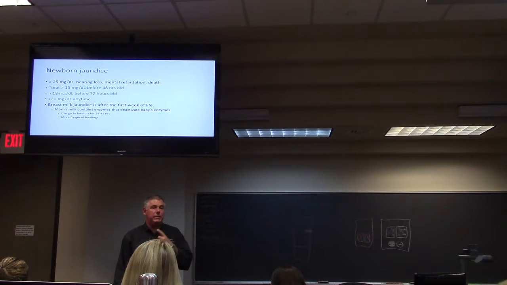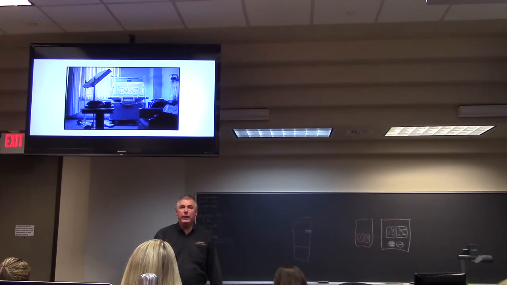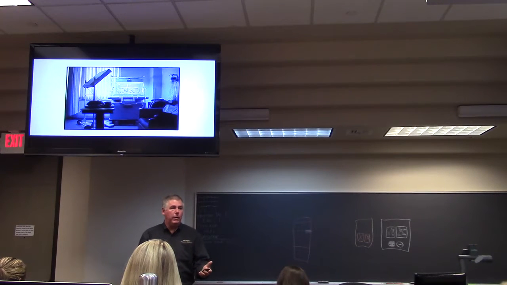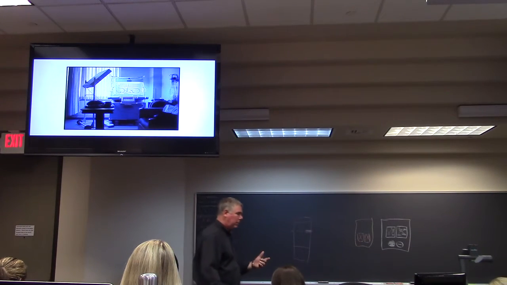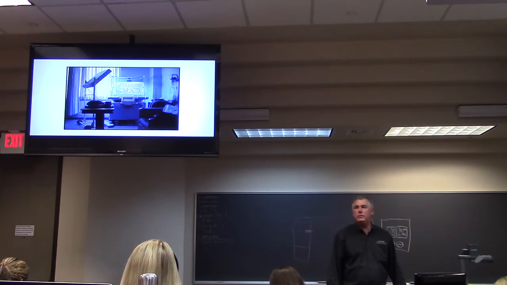If it exceeds this level, you're going to place them under what are called bili lights. The ultraviolet radiation degrades the bilirubin in the baby's skin and will drop the bilirubin level. So you might have them under bili lights for a few days to get their bilirubin down.